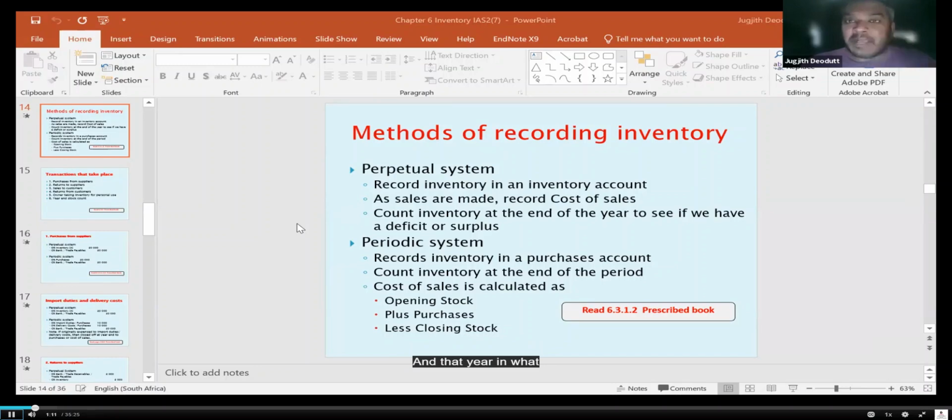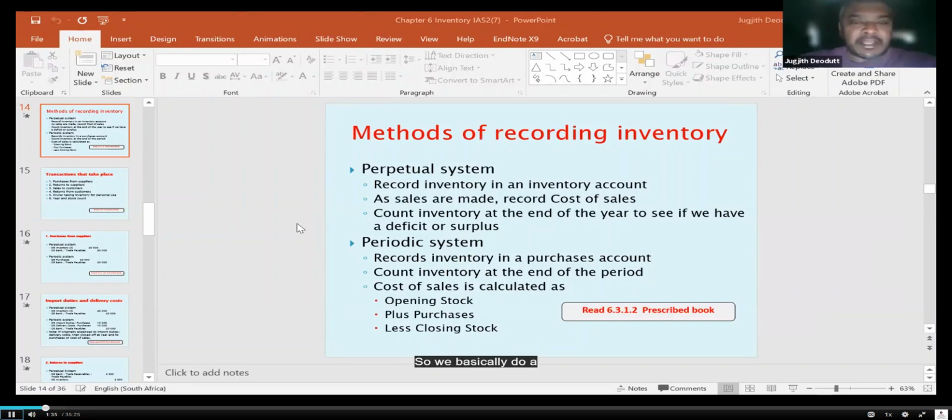And at year end, what typically happens is if you do a stock take and you compare the records that you have on your stock take on hand against the stuff. The periodic system is different. The periodic system basically updates your inventory levels at year end.